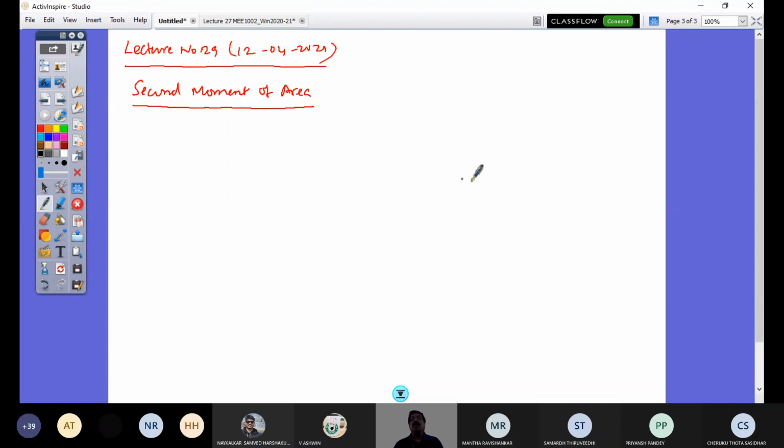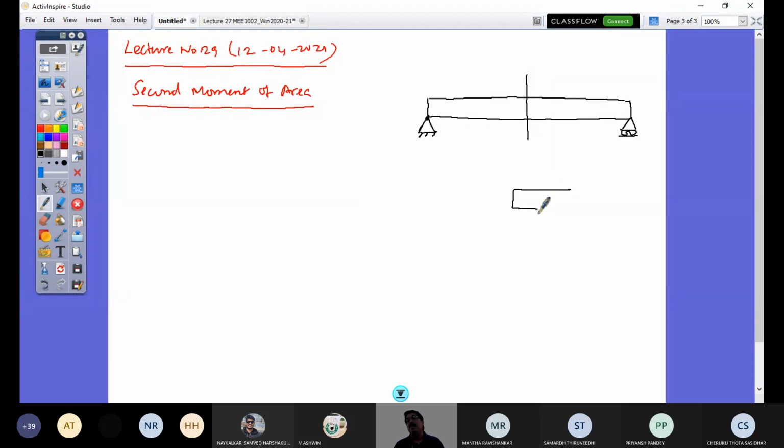So you are going to solve some problems in strength of materials where you would have a beam supported on simple supports. That means one side hinge, other side roller, would be typically represented. If you look at this beam section, it can be of I section or T section like this.